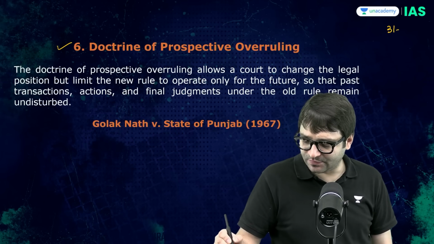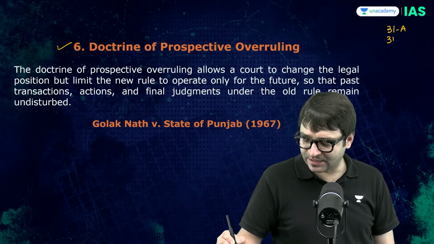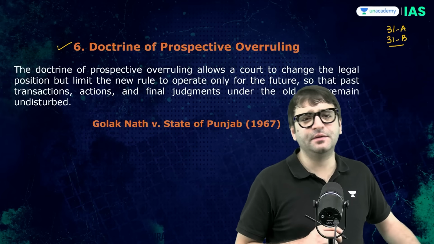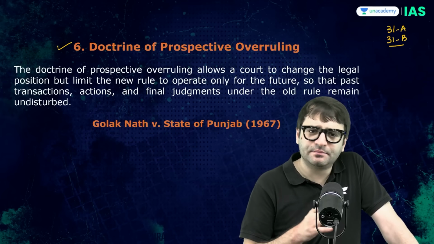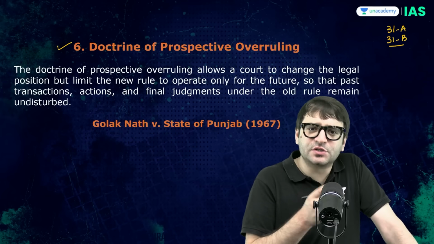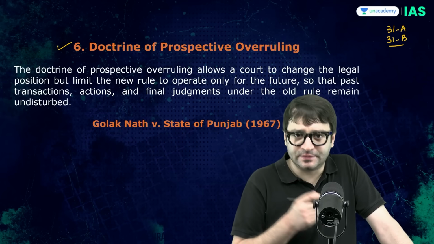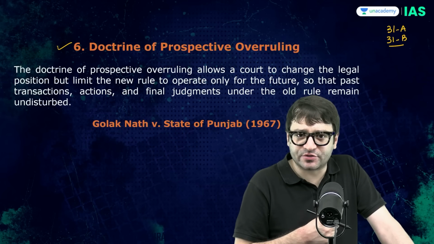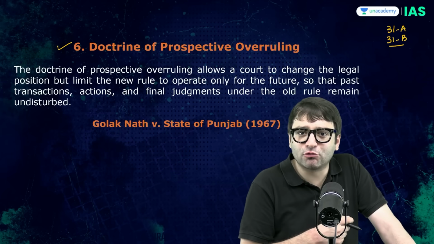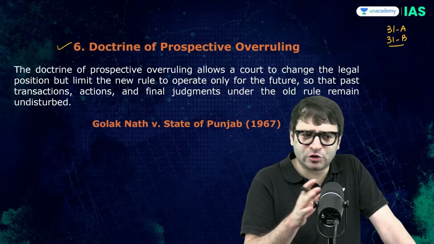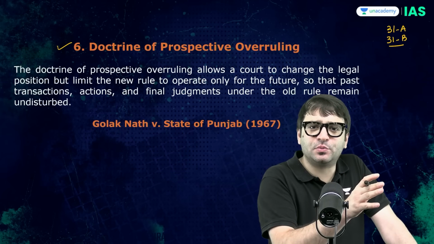Added Article 31A, added Article 31B. Not just that, reasonable restrictions were imposed on fundamental rights as well. For example, public order was mentioned as a reasonable restriction by amending Article 19, Clause 2. Long story short, fundamental rights were abridged.